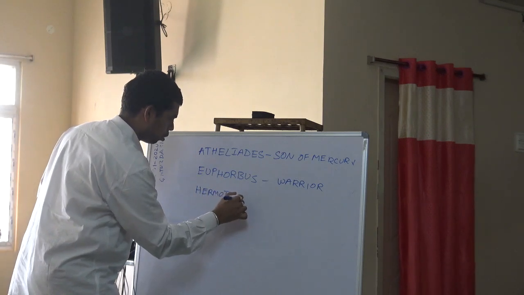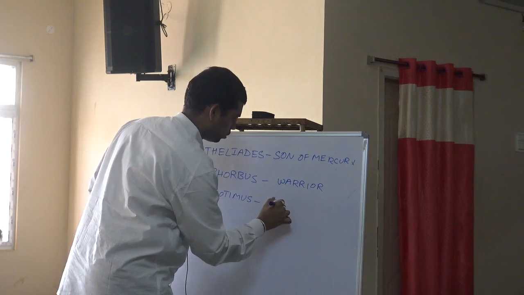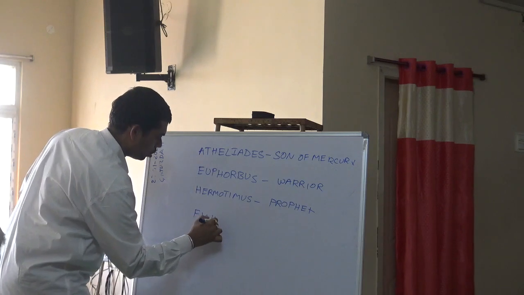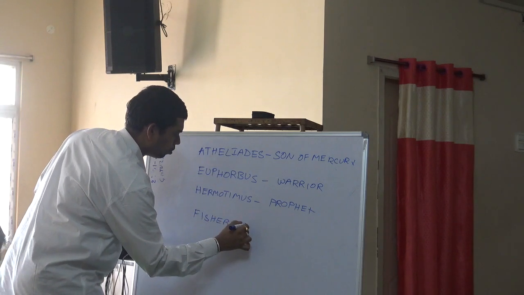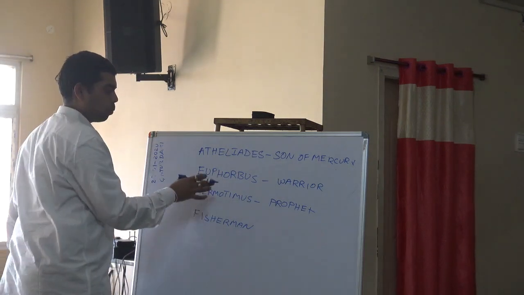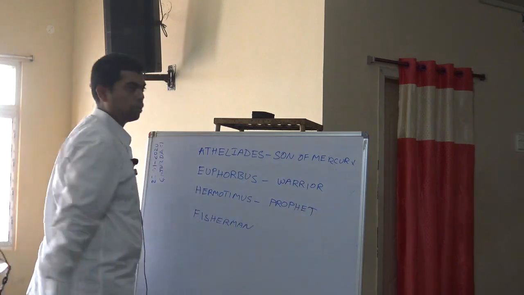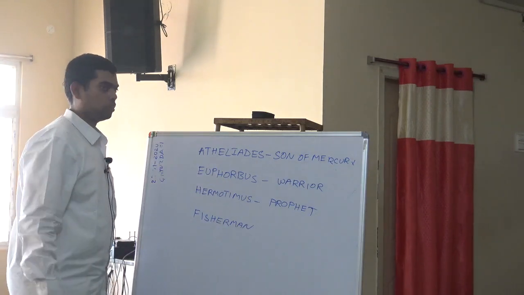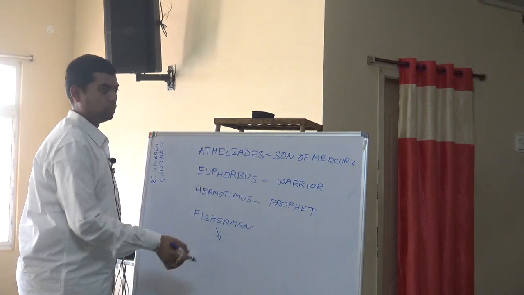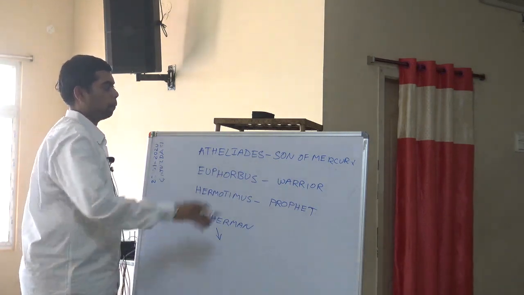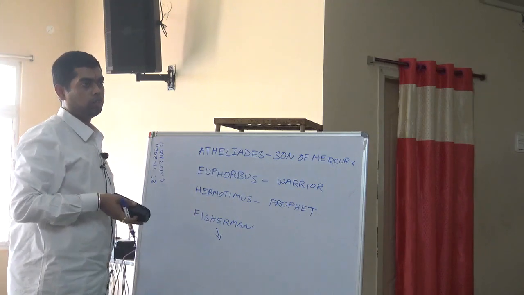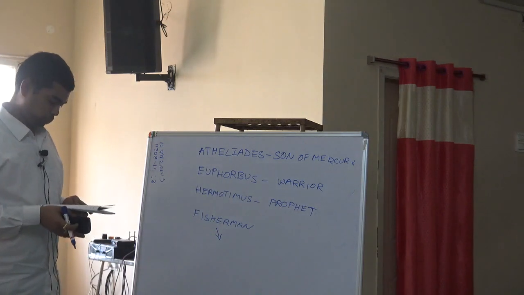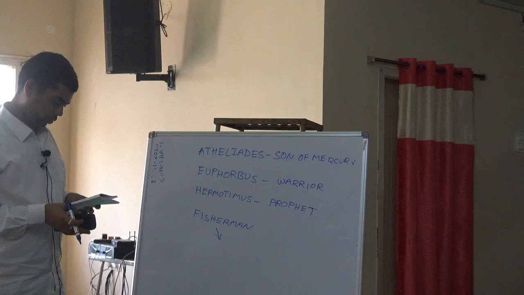And after that he was born as a prophet. Yes, now we are writing about his births, who he was in previous lives. And after that he is born as a fisherman. Prophet means like a religious teacher. And then the fourth name: life as Pythagoras. After he was a fisherman, Pythagoras was born. It is given that these details were given by Pythagoras himself. And the scripture preserves that Pythagoras himself spoke about these four previous births.